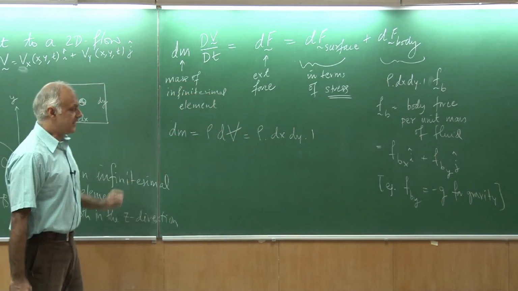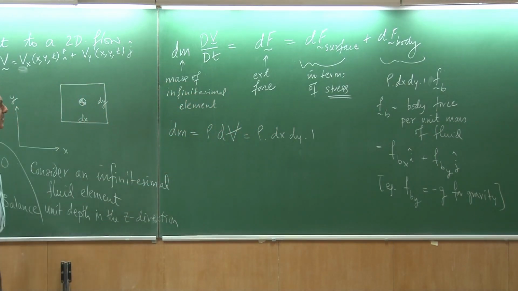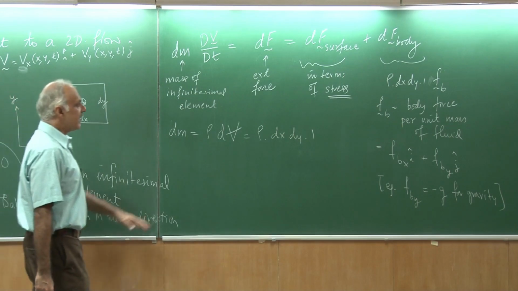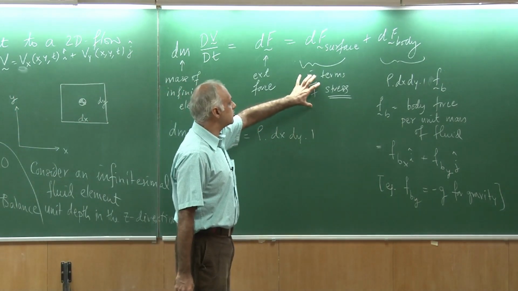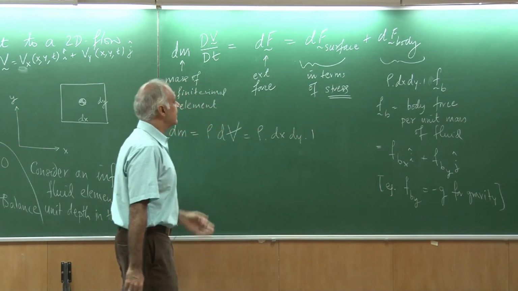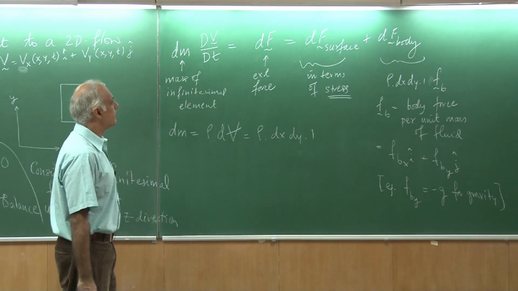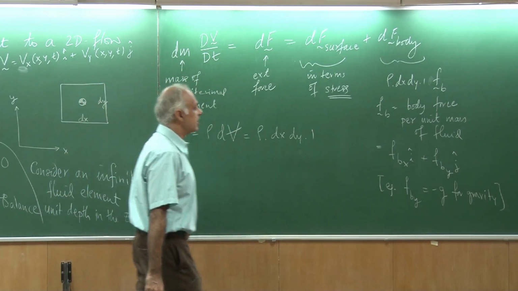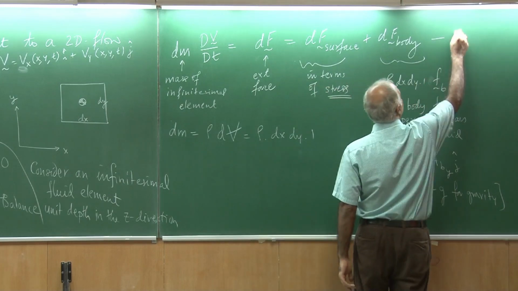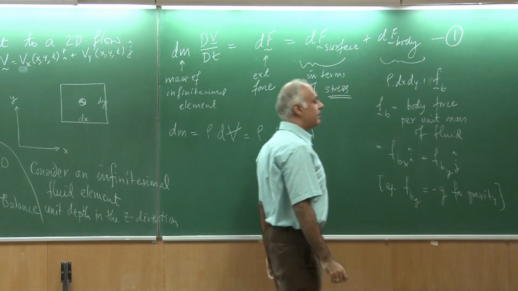But we leave it very general. Very nice. So, if I can actually get hold of what happens to my surface forces, then I should be able to complete this equation. So, let me call this equation 1. We will come back and refer to it.